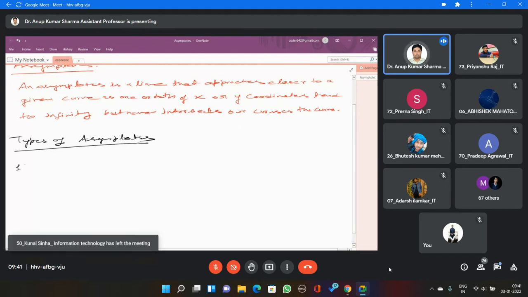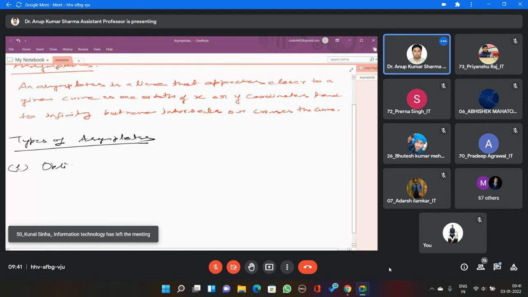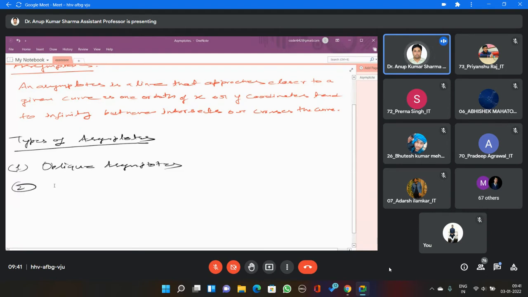We can write the types: horizontal and the second one oblique. So there are two types of asymptotes.